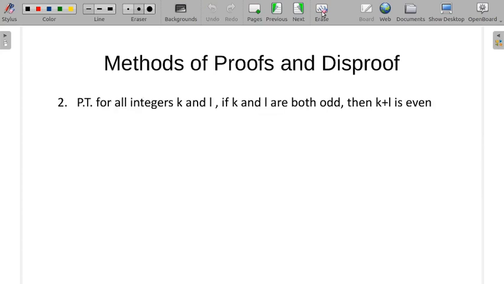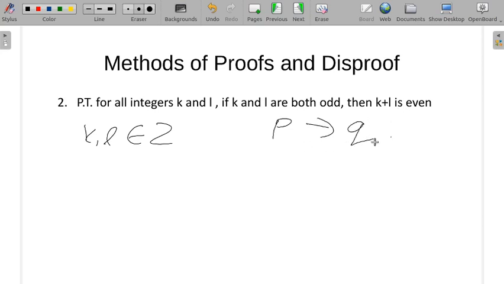Next question, prove by direct proof that for all integers k, l, where k, l belong to integers, if k and l are both odd, then k plus l is even. So if k and l are both odd is P, then k plus l is even.